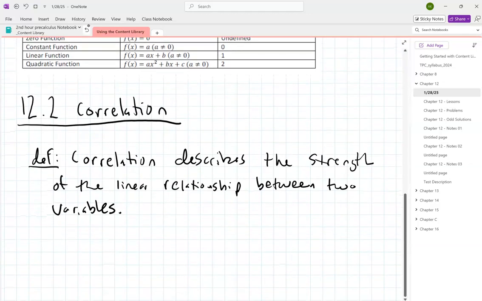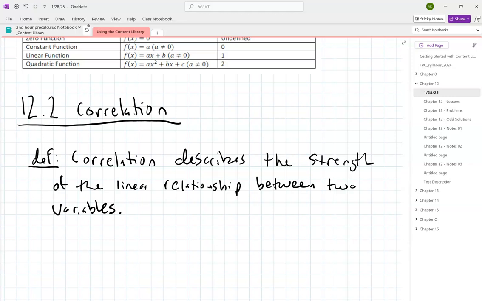So in section 12.12, we're going to talk about correlation. Correlation essentially is describing the strength of the linear relationship between two variables.